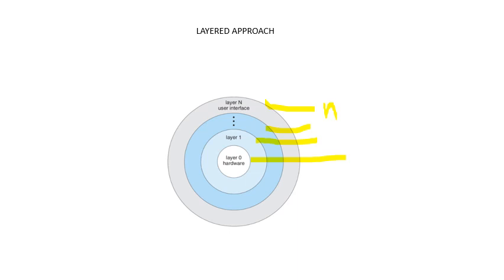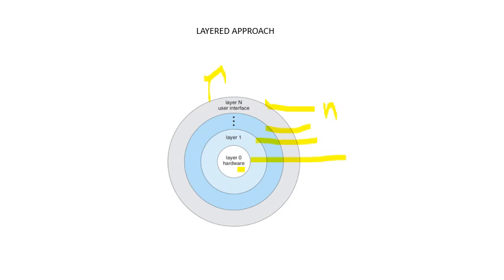We can see this as layer n, the outermost layer, and it is the user friendly interface. Next, the innermost layer must be the hardware layer. In the diagram, layer 0 is the innermost layer, and this will be the hardware layer.